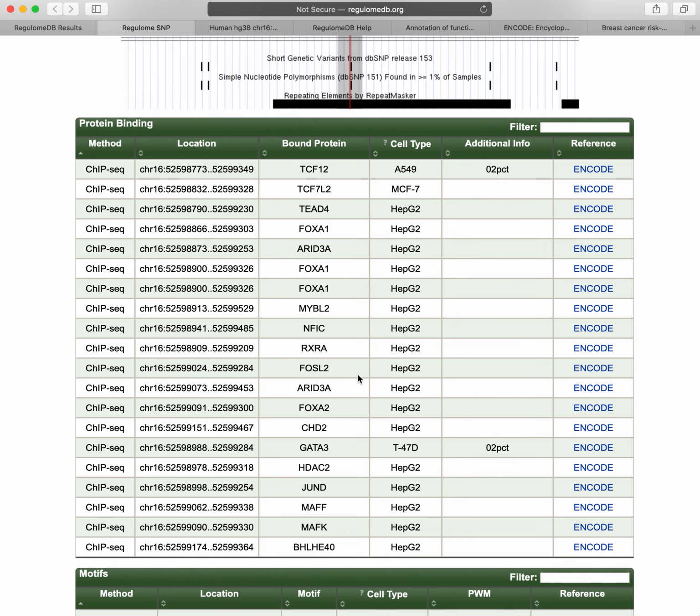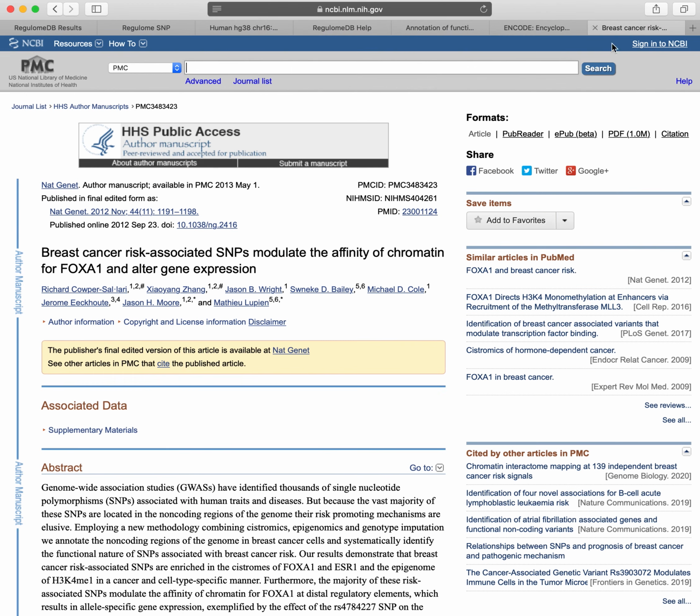In fact, the function of this SNP was discussed once in one paper before, where the authors predicted and validated that the SNP can affect FOXC1 binding through disruption of a FOXC1 DNA binding motif. The paper is shown here.